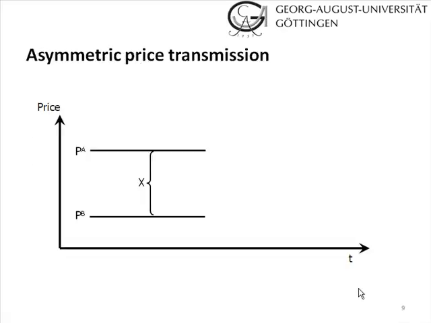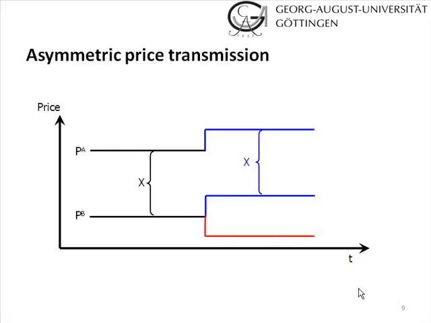And to put that in context here, again, that would be a situation where, for example, if the price on this market increases by a certain amount, does the price on the other market increase by the same amount? Or, for example, if the price decreases, does the price response on the other market perhaps turn out to be a bit smaller?